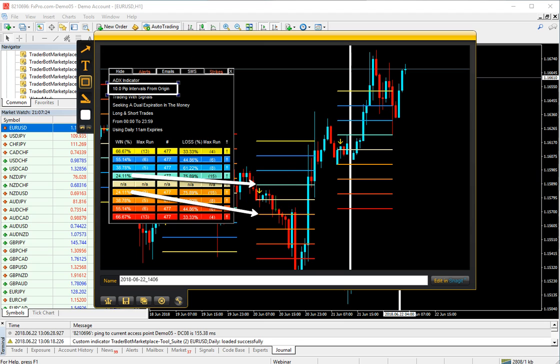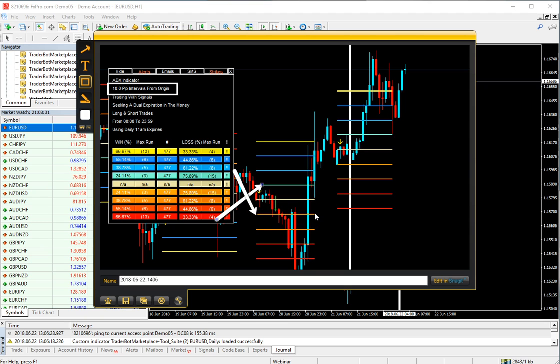There's two types of terms you may hear: butterflies and straddles, or strangles, condors, there's many different terms. I'm going to use butterflies and straddles because they're just names. For a straddle, we're looking for price to close either above this line or below this line at expiry.